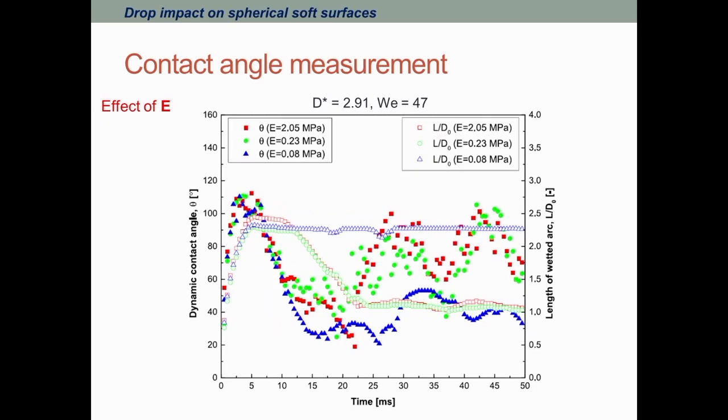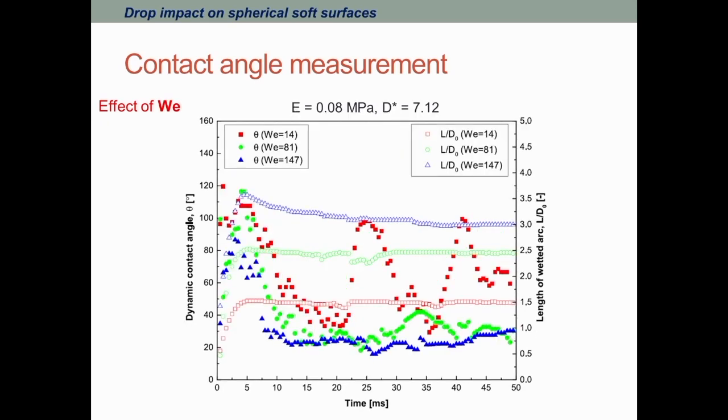And for the effect of the elastic modulus, as the elastic modulus decreases, the oscillation magnitude also decreases. And with an increase in the impact Weber number, the oscillation magnitude also decreases systematically.